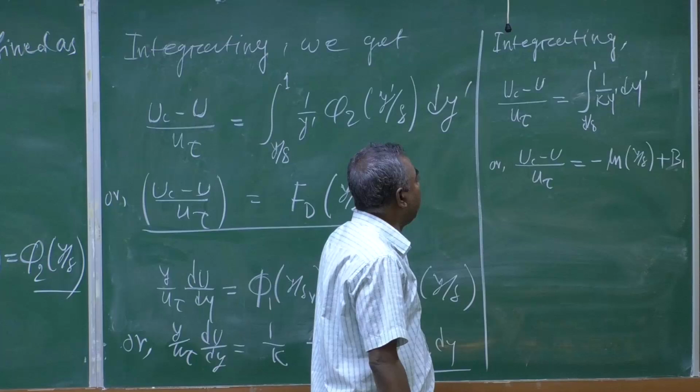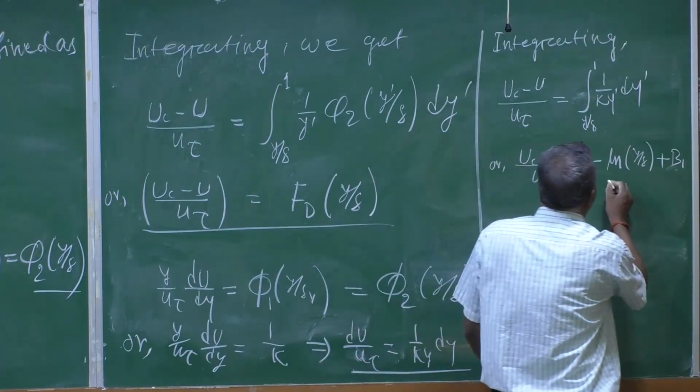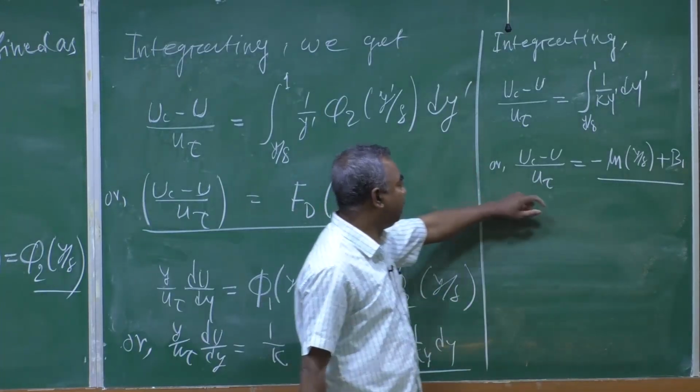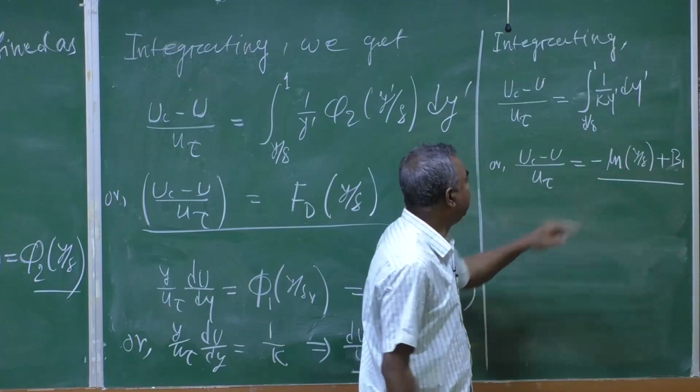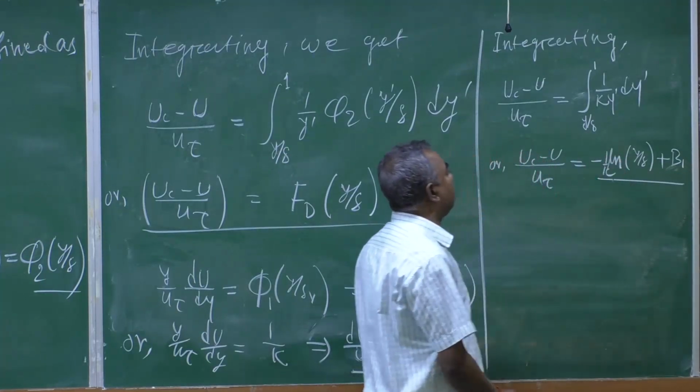So, in terms of velocity defect, we have written this. The 1 by kappa is missed here.